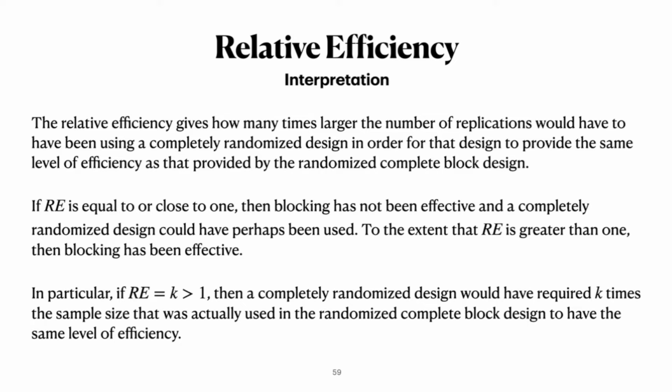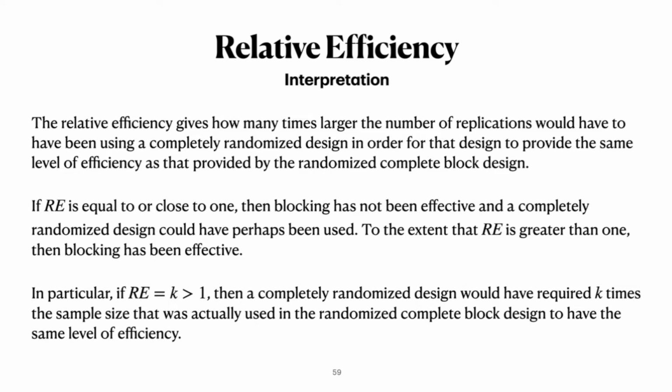Now, the particular interpretation is as follows, and we'll denote the relative efficiency as being equal to K. All right, and so we're going to consider the situation where K is greater than 1. So in that situation, what a value of K, the relative efficiency greater than 1, tells us is that a completely randomized design would have required K times the sample size that was actually used in the randomized complete block design to have the same level of efficiency as that RCB.